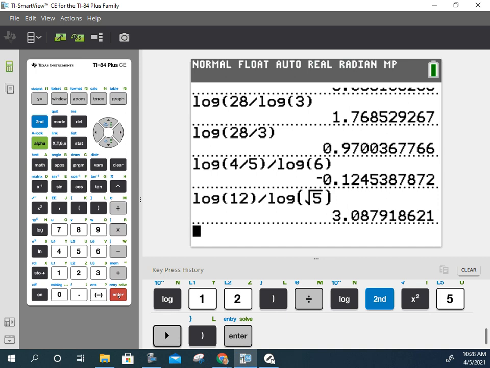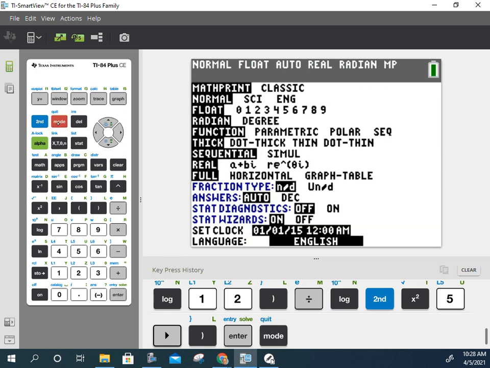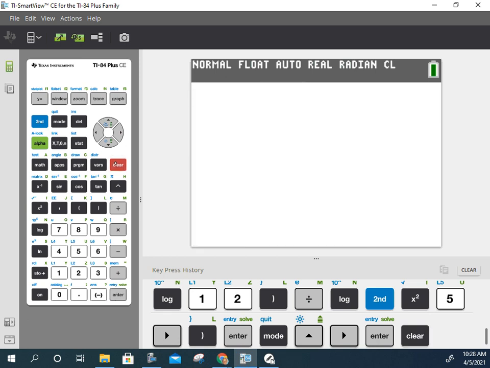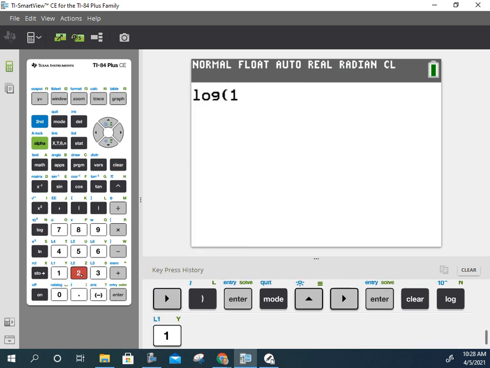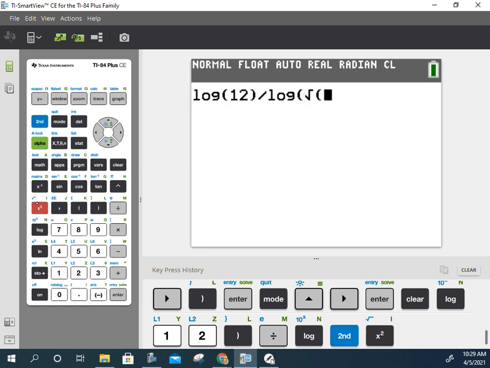But if I have an older model graphing calculator, so when you change this calculator to the older model, log 12 divided by log square root. For the older style calculators, once you open a square root, it's going to put another parentheses.